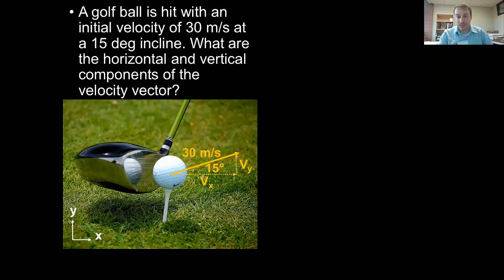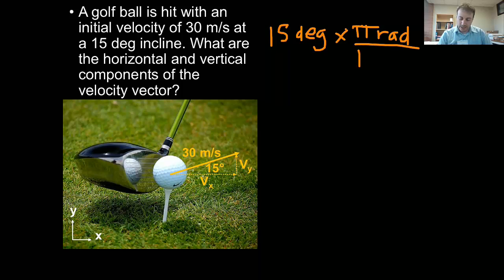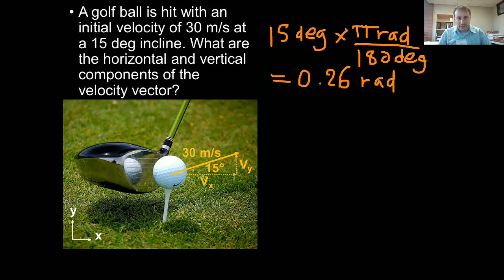So let's convert 15 degrees into radians. 15 degrees is going to be equal to, and we multiply by the ratio of pi radians over 180 degrees, and when we do this, we get that this is equal to 0.26 radians. Next, let's solve for the horizontal component Vx.